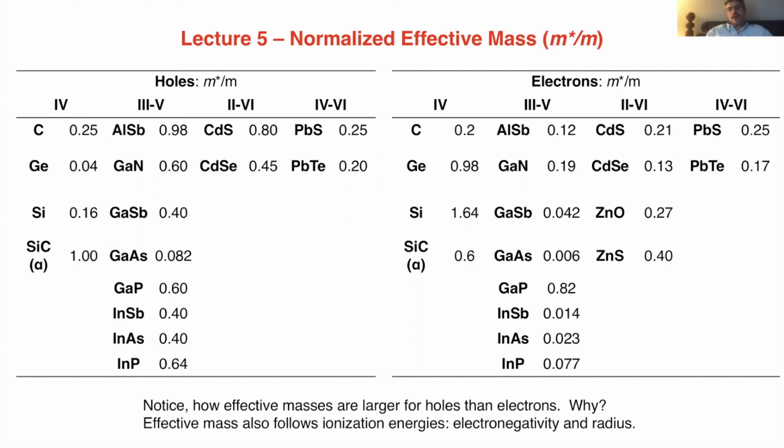So what does this say about the curvature for holes and electrons? And curvature is related to bandwidth, right? Something with a really broad band has a higher curvature. If the band is really flat, it's not highly curved. If it's really flat, the electrons are heavy.